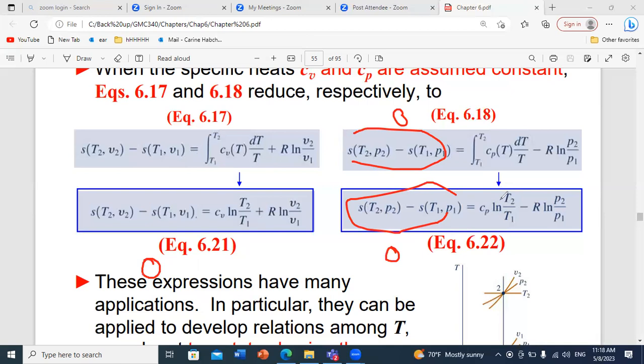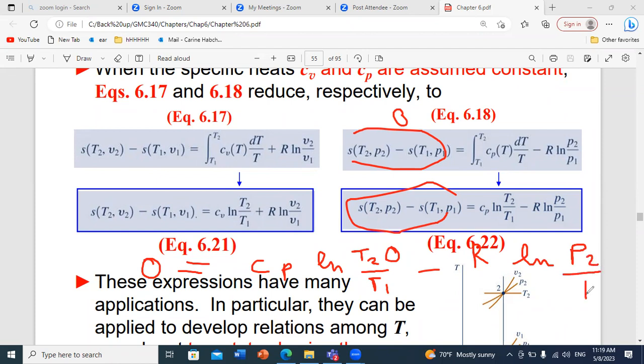So from here, you can say that 0 is equal to Cp ln T2 over T1 minus R ln P2 over P1.